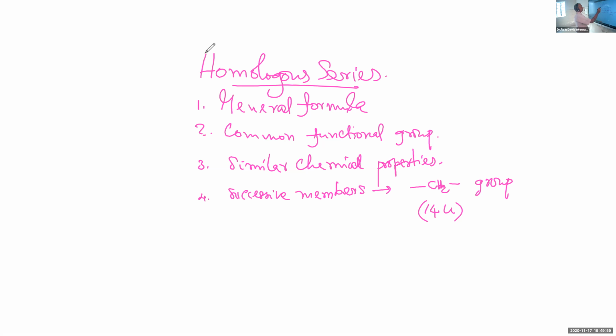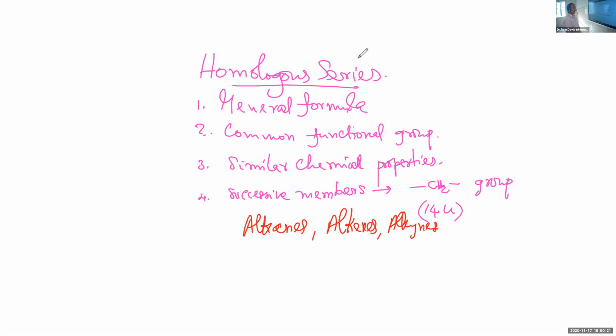For example, you take alkanes. Alkanes are hydrocarbons. Then you take alkenes. Then you take alkynes. More details we can see. All these are various homologous series.